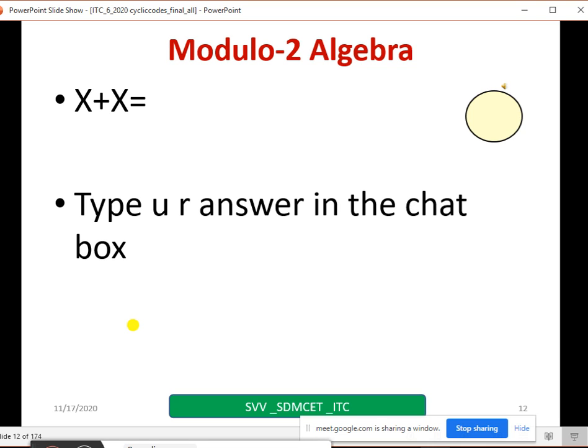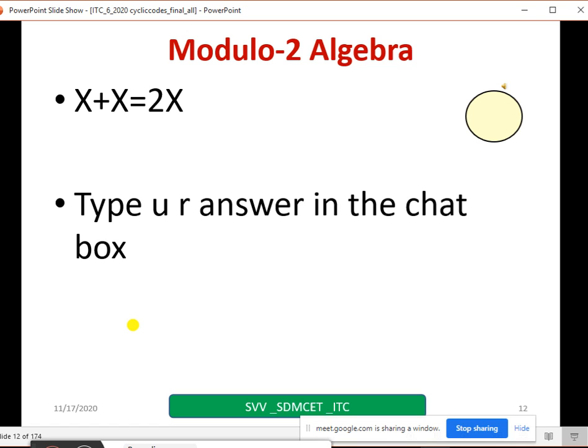X plus x equal to? Okay, somebody has typed 0, somebody has typed O, I think 0. Everybody is typing 0. Bharat, Amrita, Shivani and Sumit, Vijayalakshmi, Chandrakala, all are typing 0.